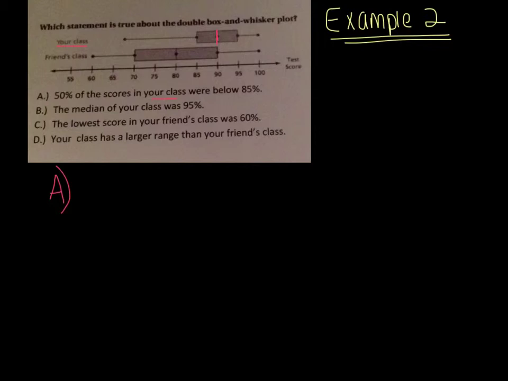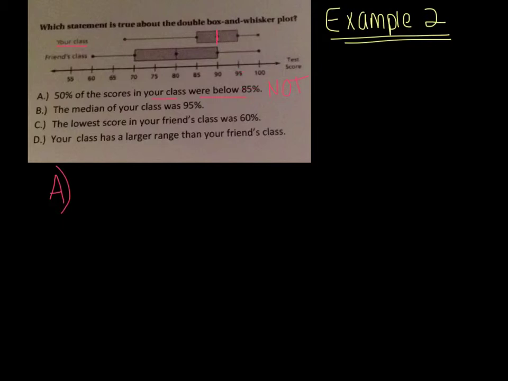There's my median. Nope, that's not below 85%. It looks like 50% are below 90%. Okay, but that's not what I was asking. So A is not true, because 50% of our scores are below 90%, not below 85. And you could actually correct that if you wanted to. Actually, I won't because I don't want to mess people up.